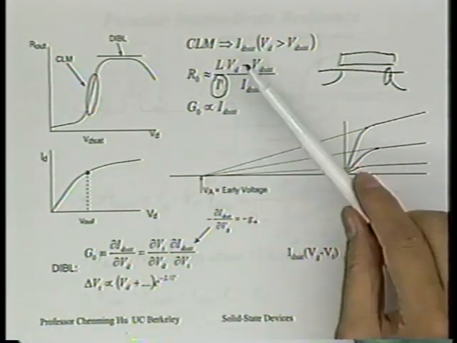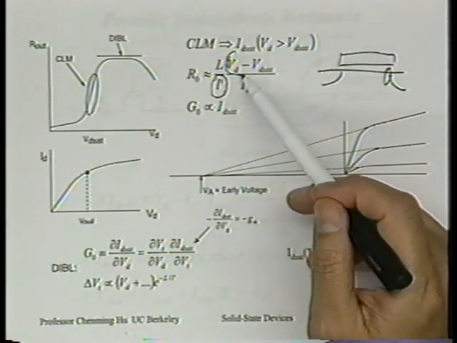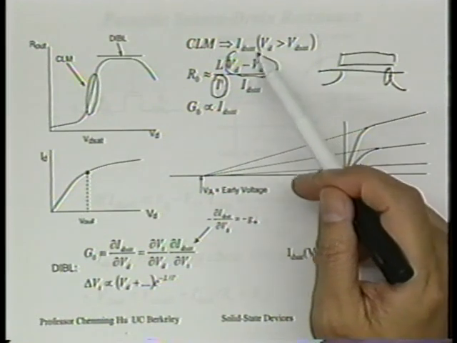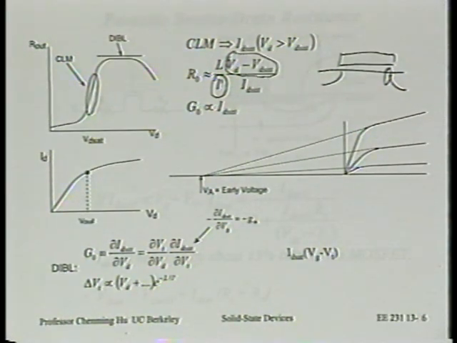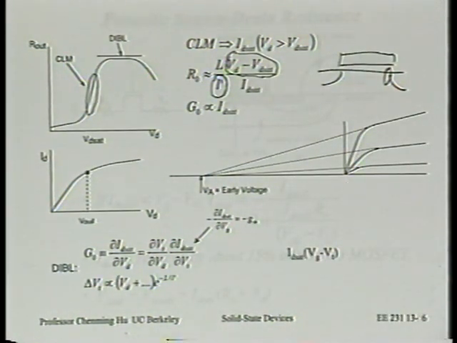Now, this is probably the interesting part, which without this model would be hard to visualize and to guess. We're saying this R out is supposed to increase linearly from a very small value at VD equal to VD set to a larger and larger value.